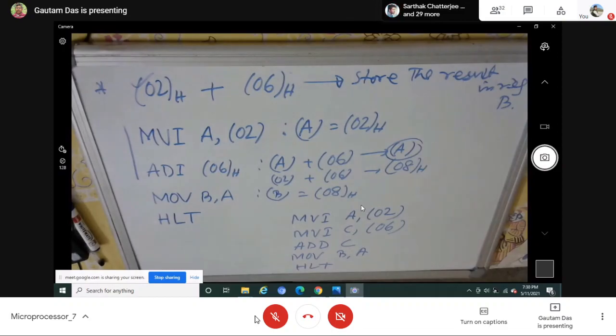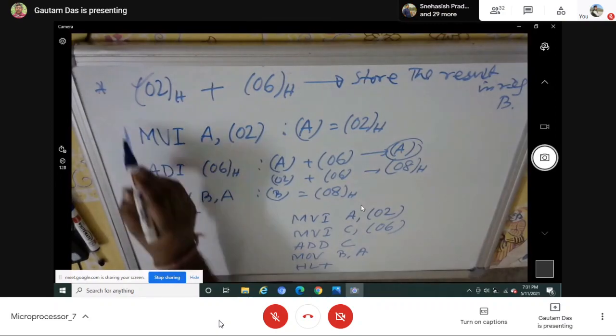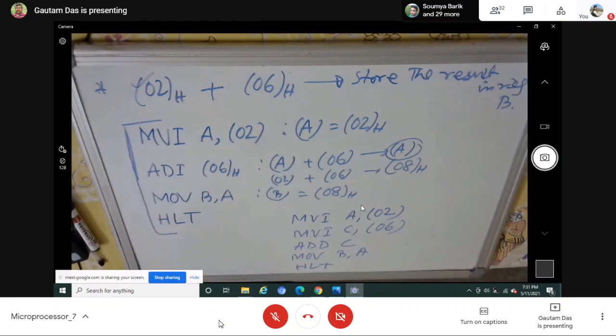But another issue is there. I thought I would tell you later, but at this stage I have to mention that whenever you write a program, you have to keep in mind how many bytes in length your entire program is. For that, you calculate whatever instruction you have used and find out how many bytes each instruction is.